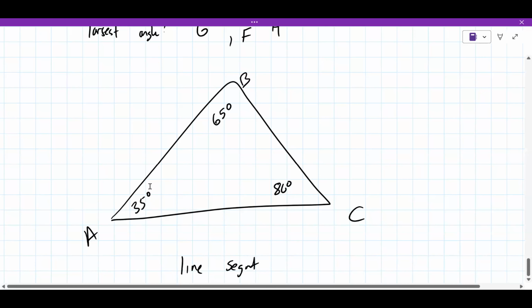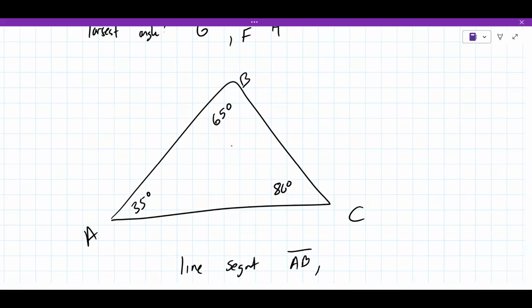Would it be CA? Sorry, across from the 65. I've now figured out. It's BA, sorry. Yes, and we're practicing for the real test, so no big deal. What's the next largest? AC. And then the next largest? BC. Yes. Those are the 2 types of problems that you might see.